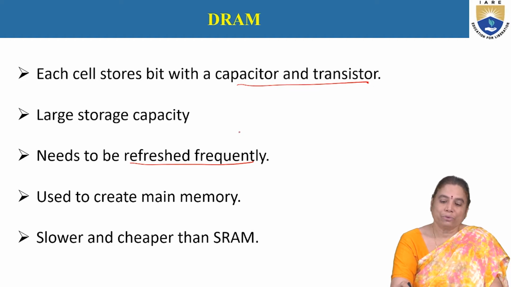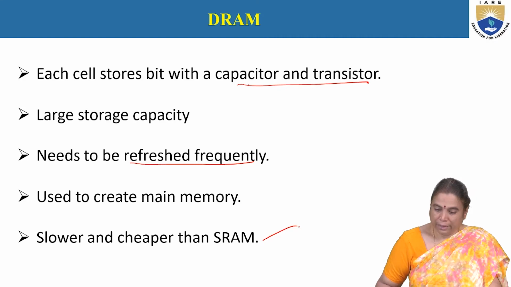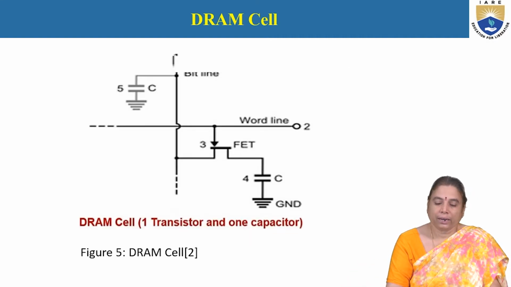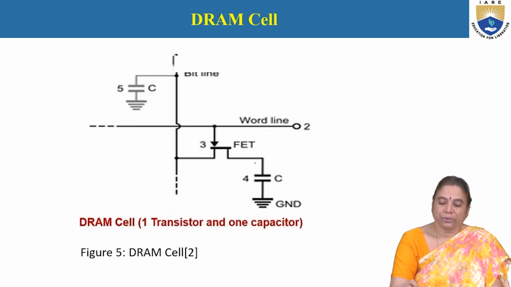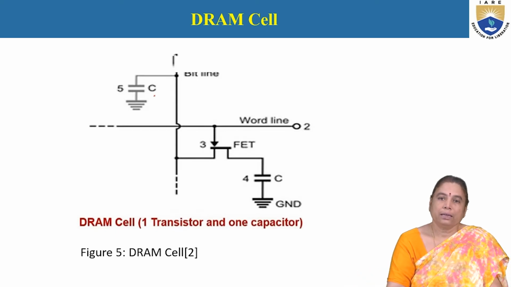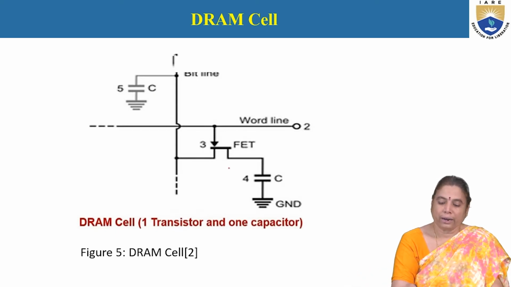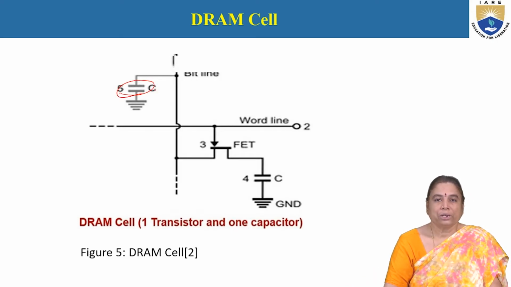Why? Because it uses the capacitor. It is used to create main memory, slower and cheaper than the static RAM. How can the DRAM cell be constructed? With the help of transistors and capacitors. But since it uses capacitors, frequent refreshing of the circuit is required for the DRAM.